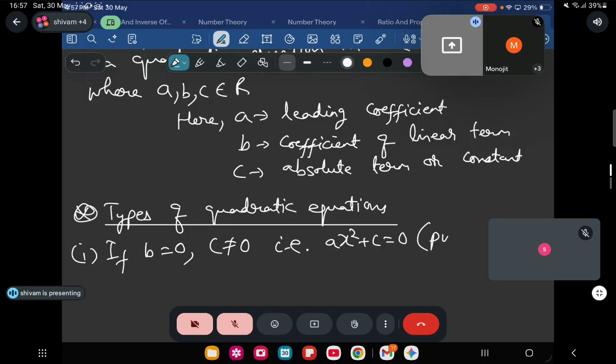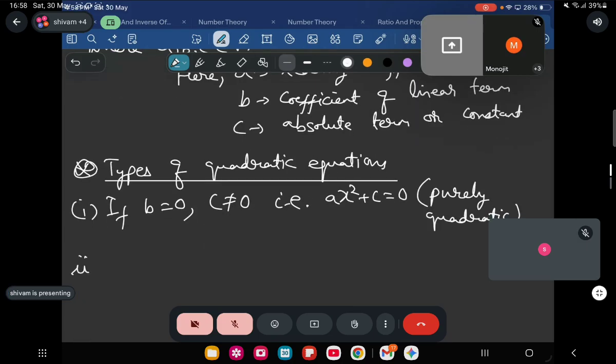This is known as purely quadratic. Next, number 2. If b is not equal to 0, c is equal to 0, that is ax square plus bx is equal to 0.